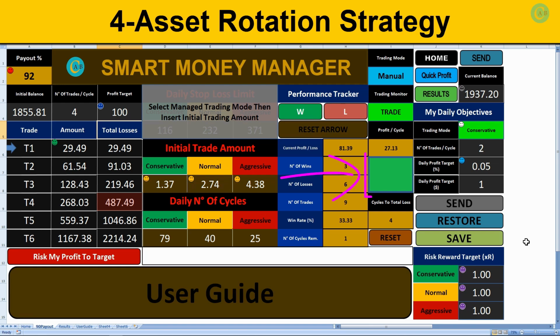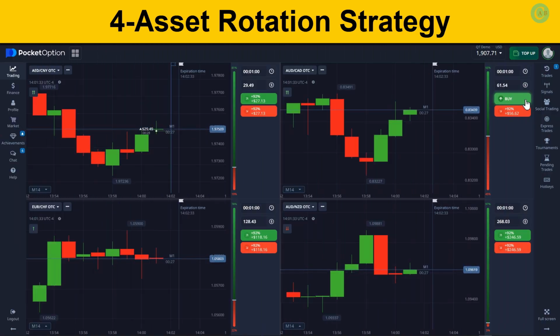And as you can see here, the alert square has turned green, telling me that I'm about to hit my profit target. And you can see also here the number of cycles remaining to hit my profit target is 1, which means I'm in the last cycle to achieve my goal, which is $100 profit target. Let's go back to the trading platform.